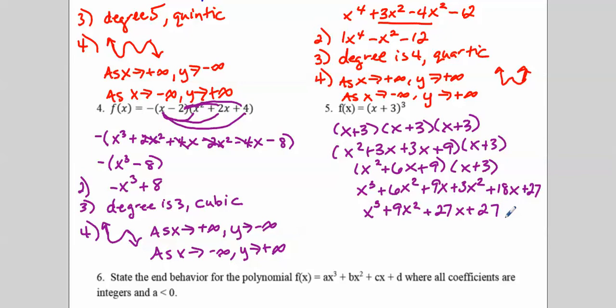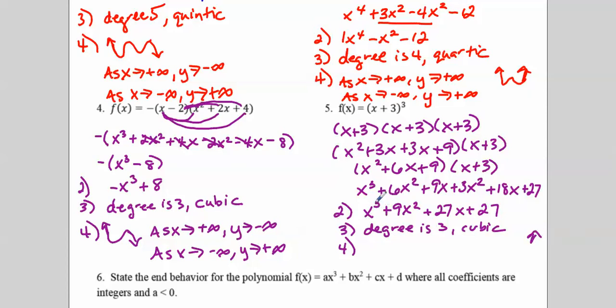Alright, so this is in standard form, the largest exponent down to the smallest. The degree is your largest exponent. So the degree is 3, which makes this cubic. And the end behavior. So this time your lead coefficient is positive 1, so that tells you that the right side is going up.